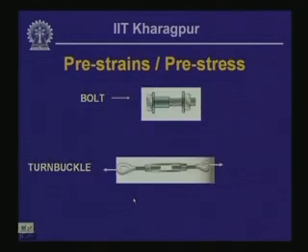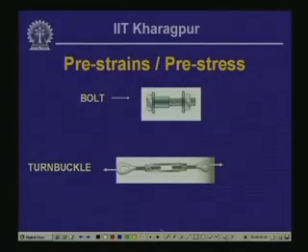Now, the simplest way to introduce these pre-strains or pre-stressing in the system is the use of bolts. Many times we encounter this kind of bolting system or nut-bolt system, which is shown here. So, this is a bolt having the nut here, and this is the bolt head.